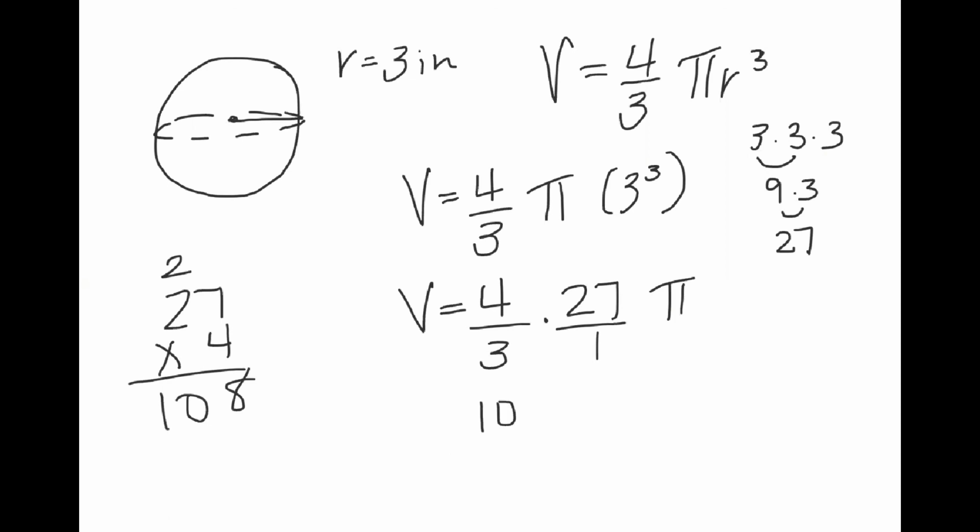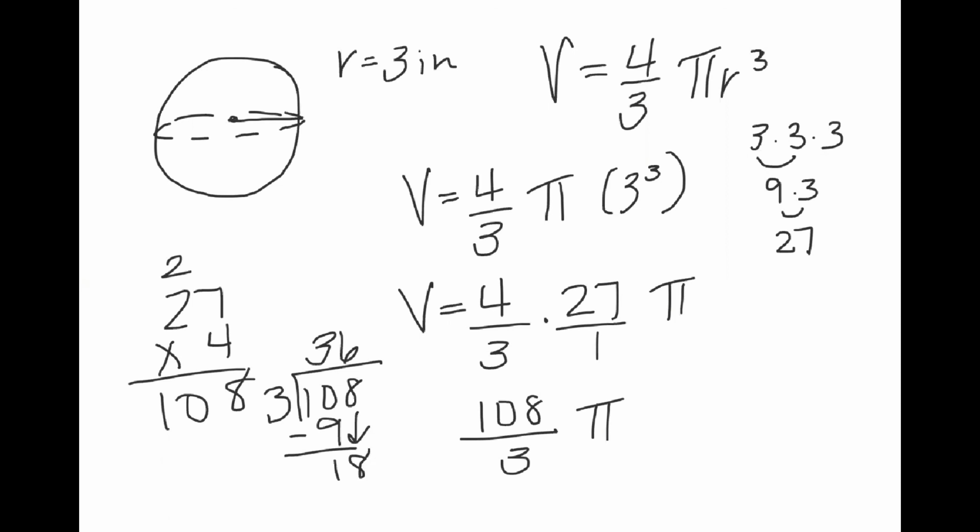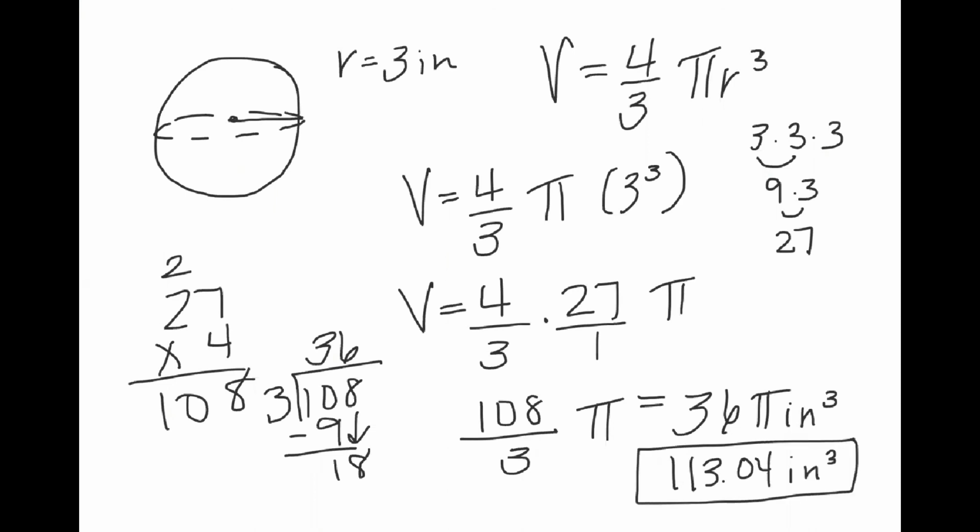So that's 108 over 3. 108 divided by 3, that's 36. So this gives us 36 pi inches cubed. And you could have multiplied that by 3.14 and you would have gotten 113.04 inches cubed. Okay? Either one would have been correct.